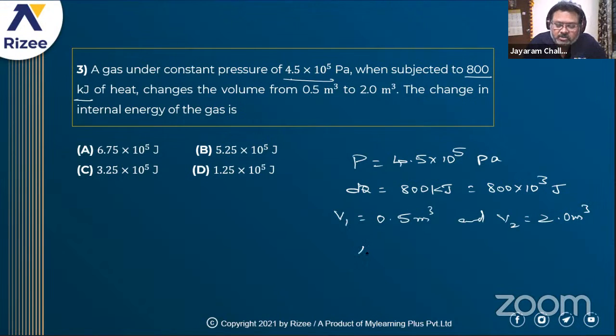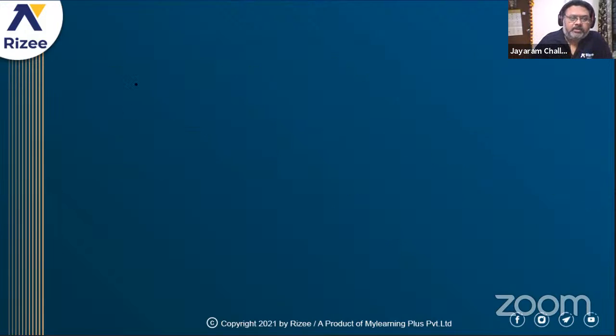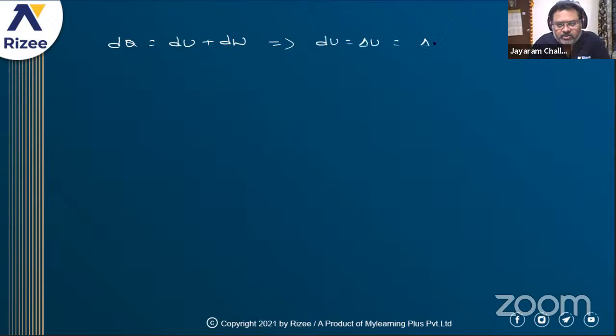Now he is asking how much the change in internal energy is going to be. According to the first law of thermodynamics, dq can be written as du plus dw. From this, the change in internal energy, du or delta u, can be written as the change in heat minus the work done, delta w.